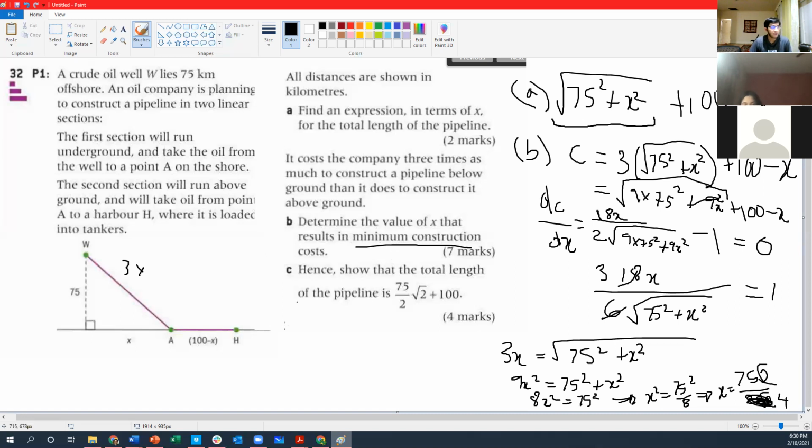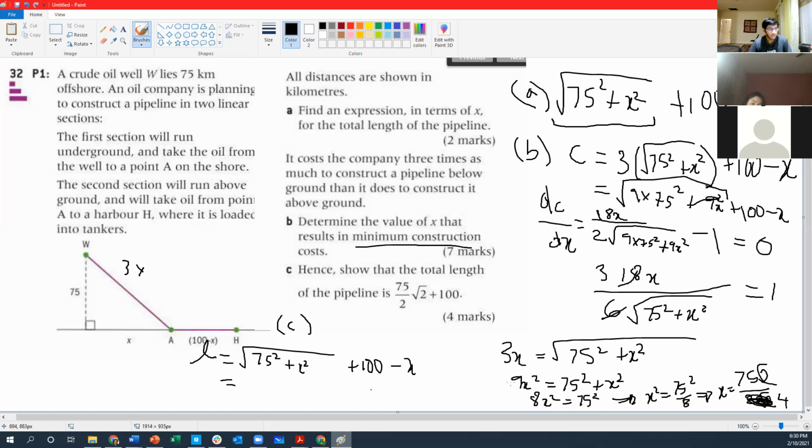Okay. And then part C: hence, show that the total length of the pipeline is 75 over 2 root 2 plus 100. So we found x, so now all we have to do is plug that back into the total length. We know the total length is the square root of 75 squared plus x squared, plus 100 minus x.